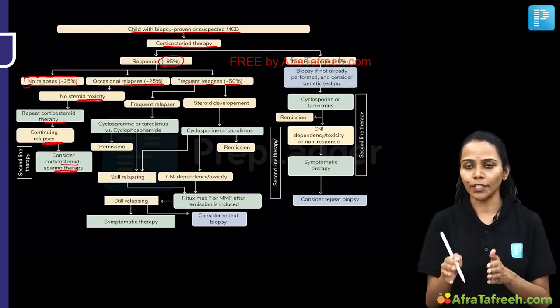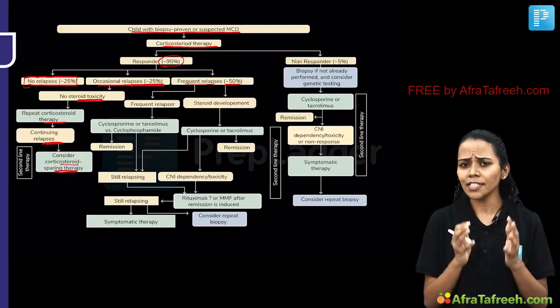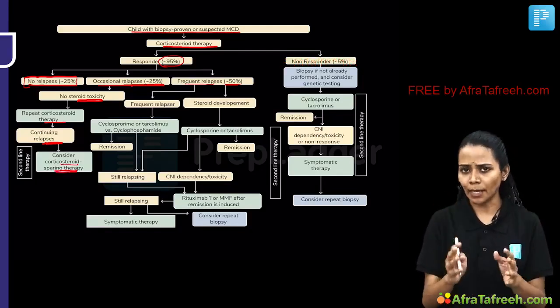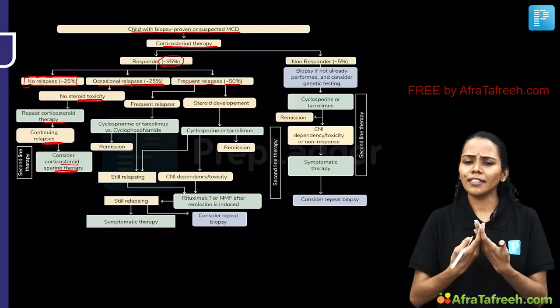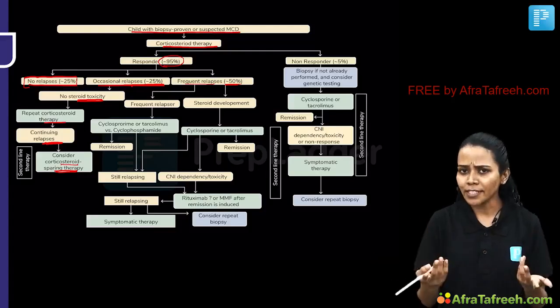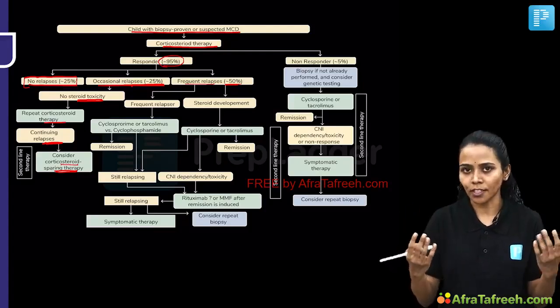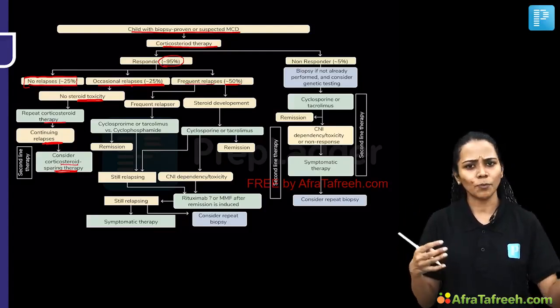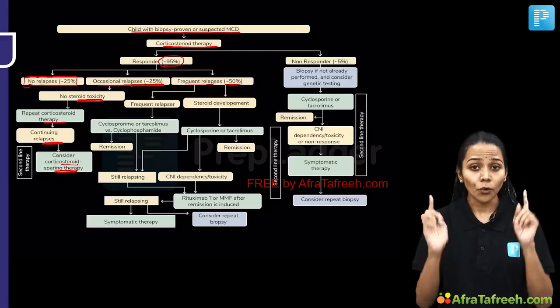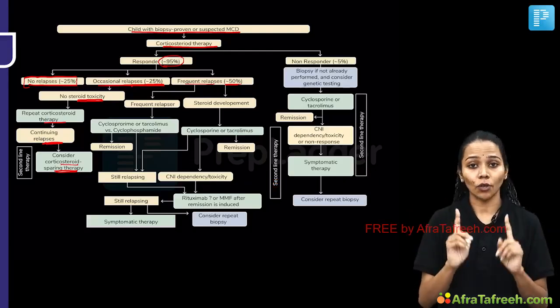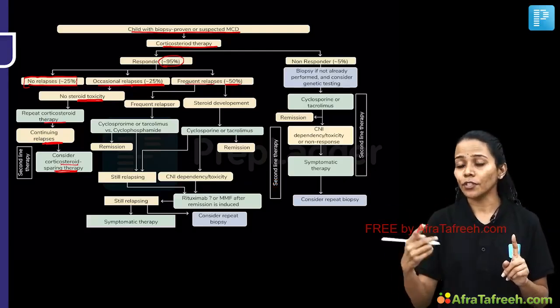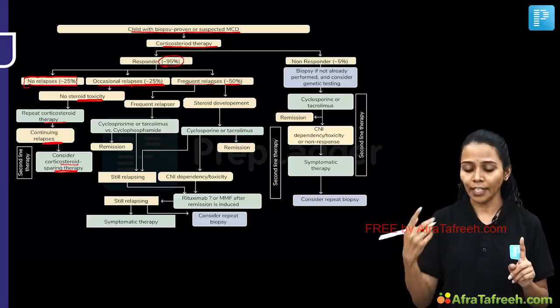What is this? I'll come to it. Okay. So this is the management of infrequently relapsing nephrotic syndrome, because this might happen once or twice a year. So in this situation, you don't have to worry about steroid toxicity. You just give them steroid, they respond, and then you can let it go. Only if they develop signs of steroid toxicity, then you think about corticosteroid sparing therapy.